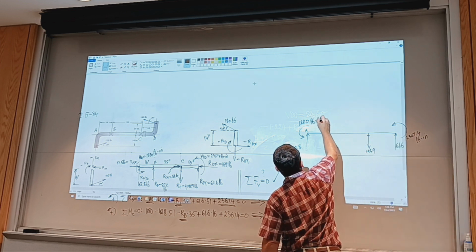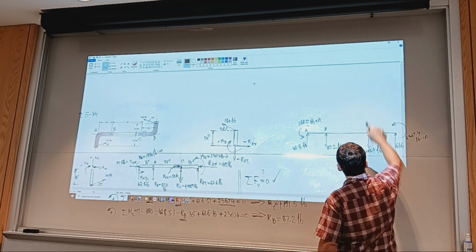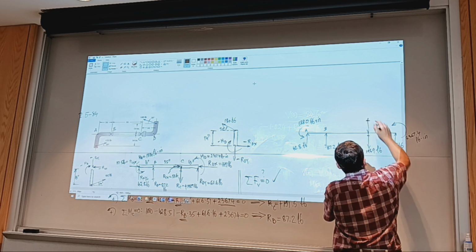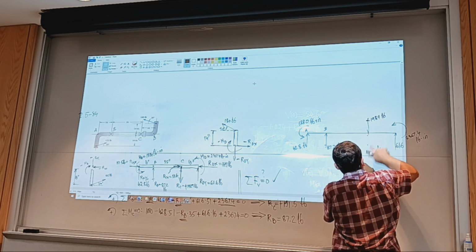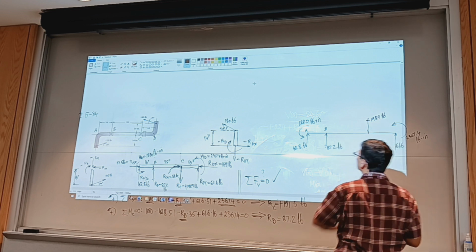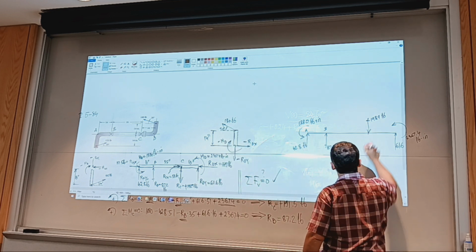I can move this up. 198.9 pounds. We're used to putting the arrows at the point of application.